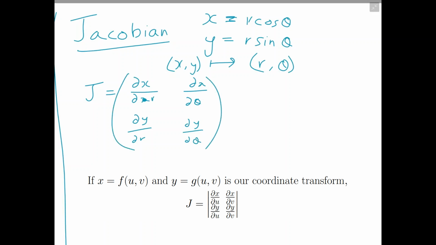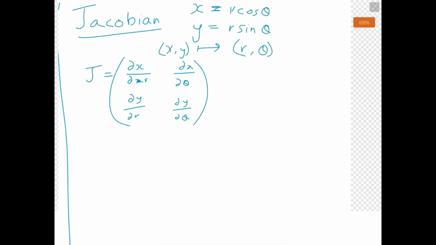And these are just curly d's because they represent partial derivatives. So a partial derivative is when you differentiate something with respect to just one of the variables and treat all other variables as constants. So we'll fill up this Jacobian matrix by calculating the partial derivatives.